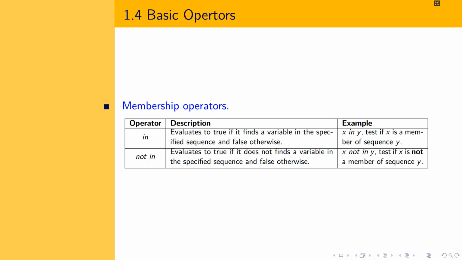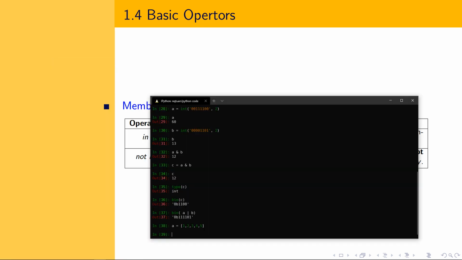The next group of operators is membership operators. A membership operator performs the conditional task if an object or a value is in or not in a collection. For example, you create a list of numbers equal to 1, 2, 3, 4, and 5.